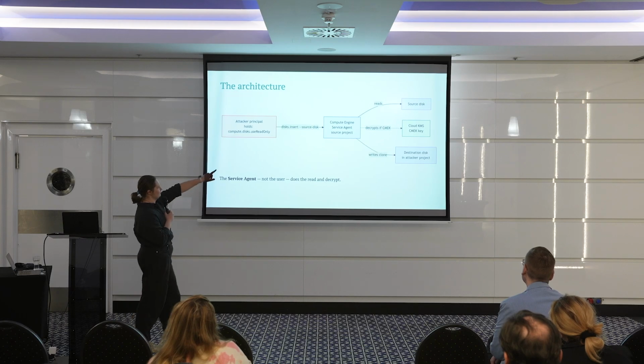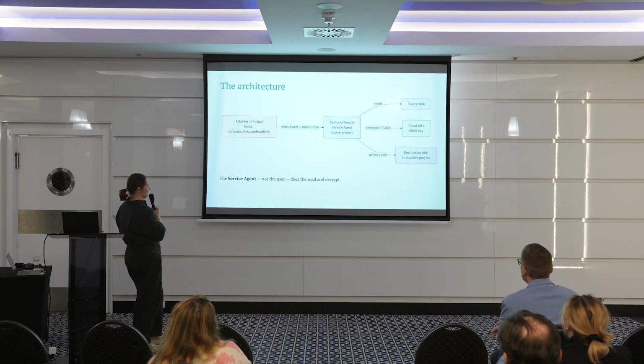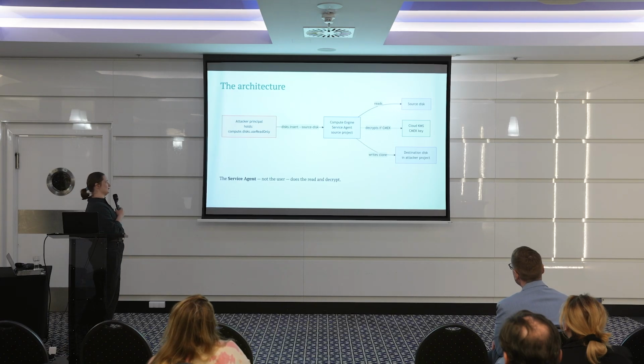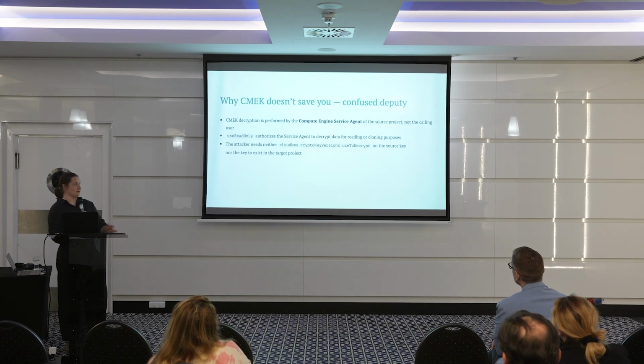So basically, the Compute Engine service agent does all the heavy lifting of decrypting on my behalf, even though I don't have permission to decrypt. This is how it was explained to me by Google, and this is how it still works, but with a specific detail.